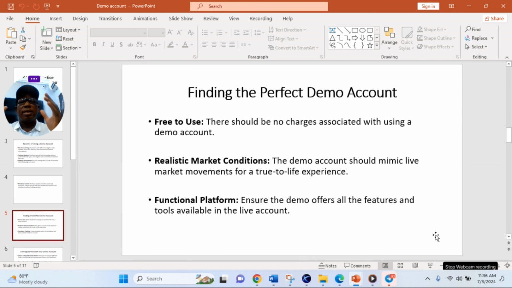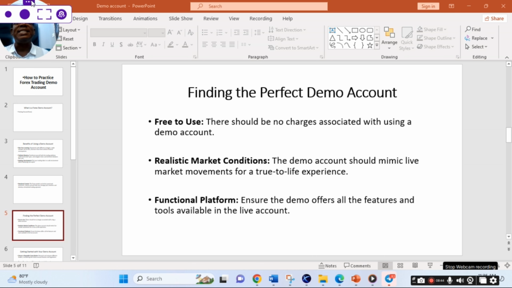So, finding the perfect demo account is why you are here. That is why you want to know where you go to get a demo account or a broker that will ensure your success. Let me tell you, your success in the Forex market largely depends on the broker. Do you know why? The broker provides the pitch, the platform for you to play.